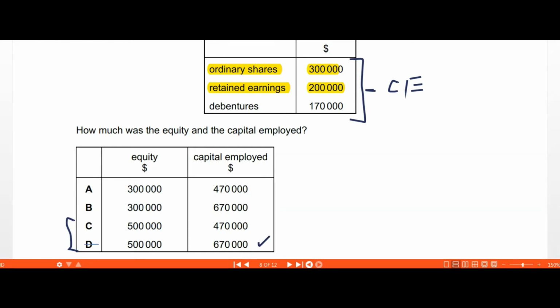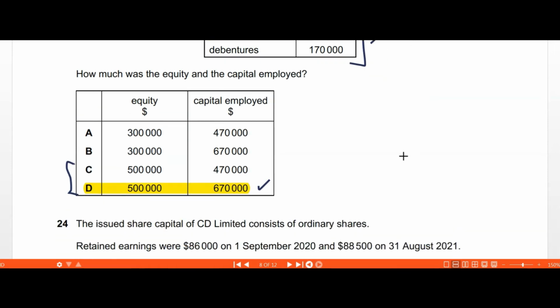Always remember that equity does not include any long-term liabilities, whereas capital employed does include long-term liabilities, because that is the capital that has been employed in the business. Any long-term loan that the business has taken, that is being used in the day-to-day operations of the business, is part of the capital that has been employed in the business.